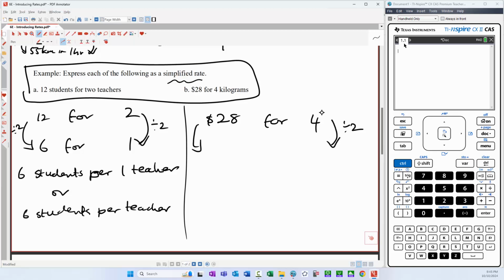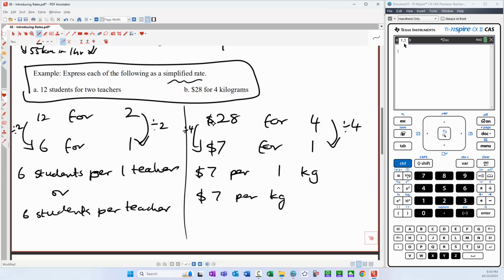We divide by not 2 but 4, because we want to get the second quantity to 1. So we divide this by 4 and this by 4, and that's $7 for 1. So the rate is $7 per 1 kg, or $7 per kilogram.